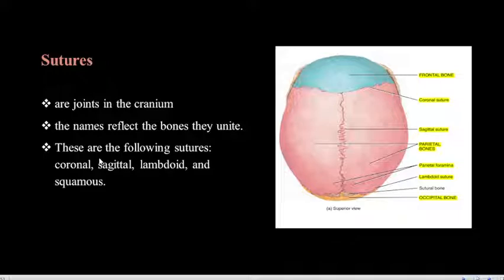Yung mga joints na nagko-connect dito sa bones sa cranium natin, ang tawag sa kanila sutures, and they can be coronal, sagittal, lambdoid, and squamous. So this is your coronal, this is your lambdoid, okay? And then, you just try to familiarize kung anong cranial bones yung kinoconnect nila.